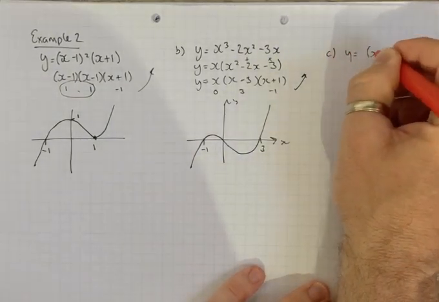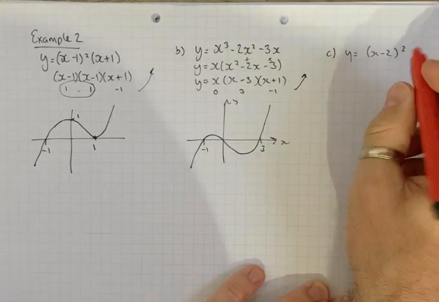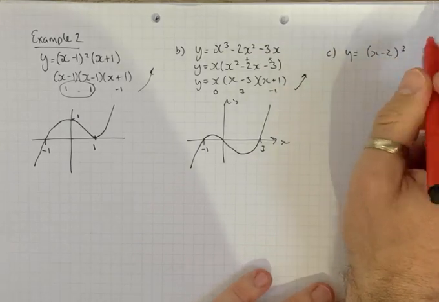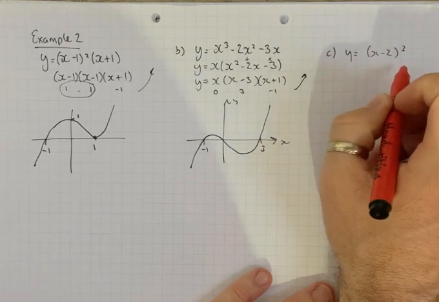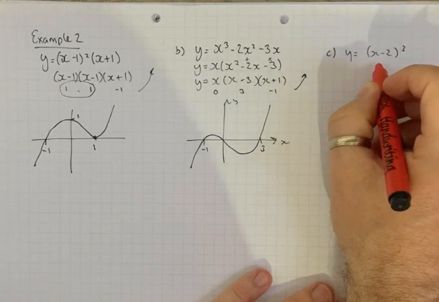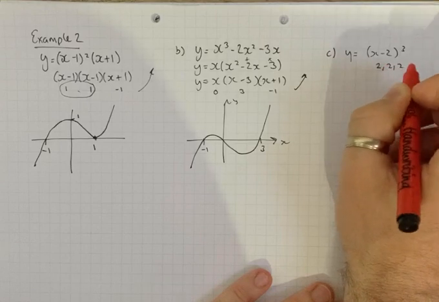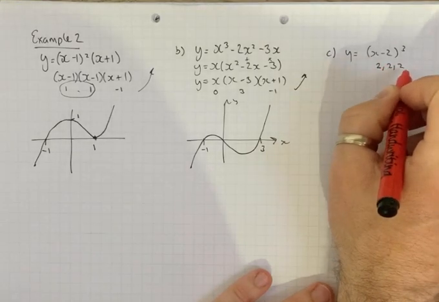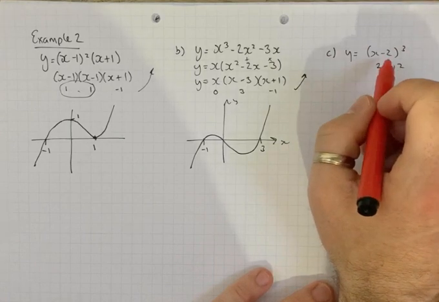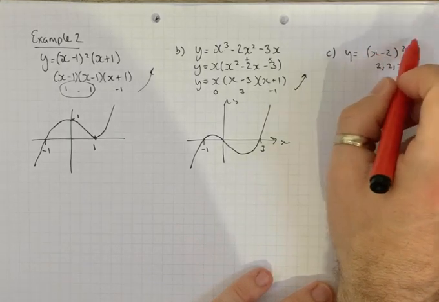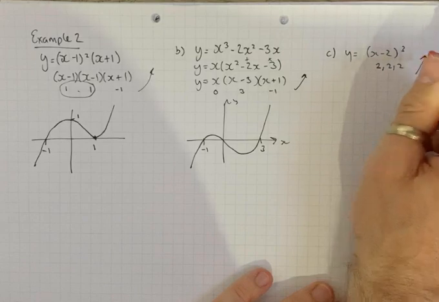y equals (x minus 2) cubed. So this one's going to be quite a weird one, but it's going to cross the x-axis 3 times at 2. So something weird's going to happen at 2. What about when x is positive infinity? Positive infinity cubed is positive, so it's going to go off to heaven.